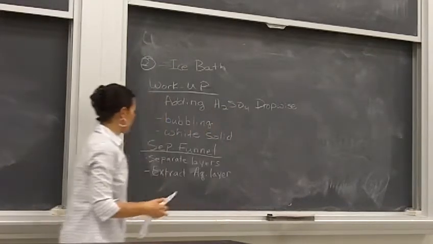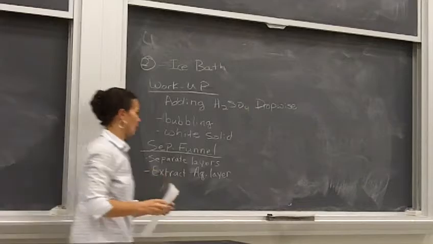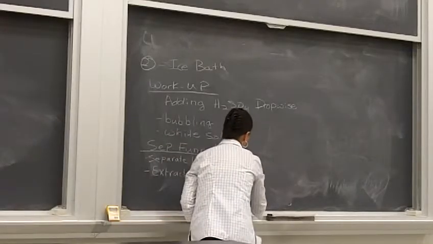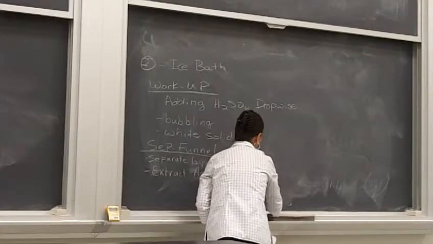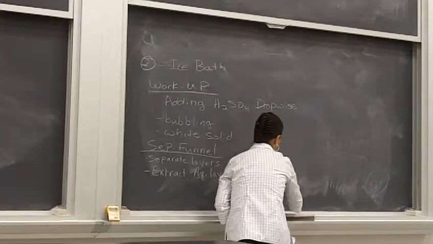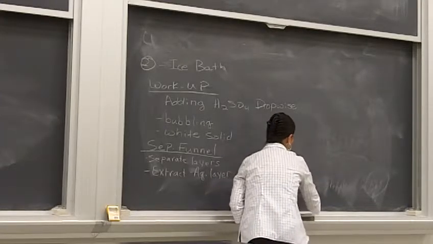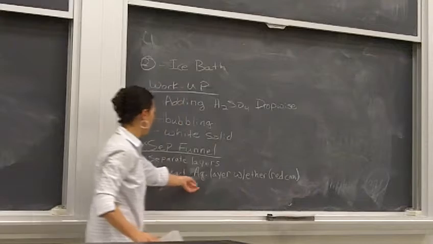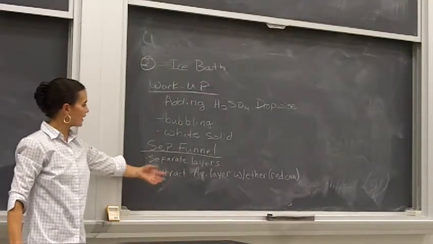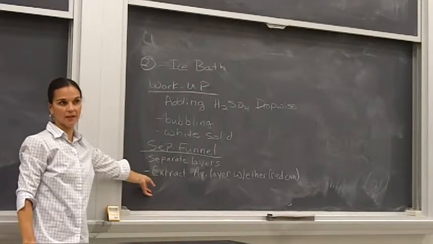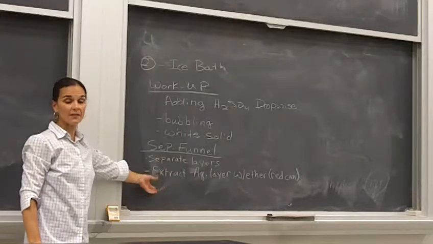What that means is you are going to add ether, and this can be red can ether now, okay? Because now things are wet again, so we don't need the anhydrous ether, we'll use our red can ether. You're adding ether to just the aqueous layer in the separatory funnel.